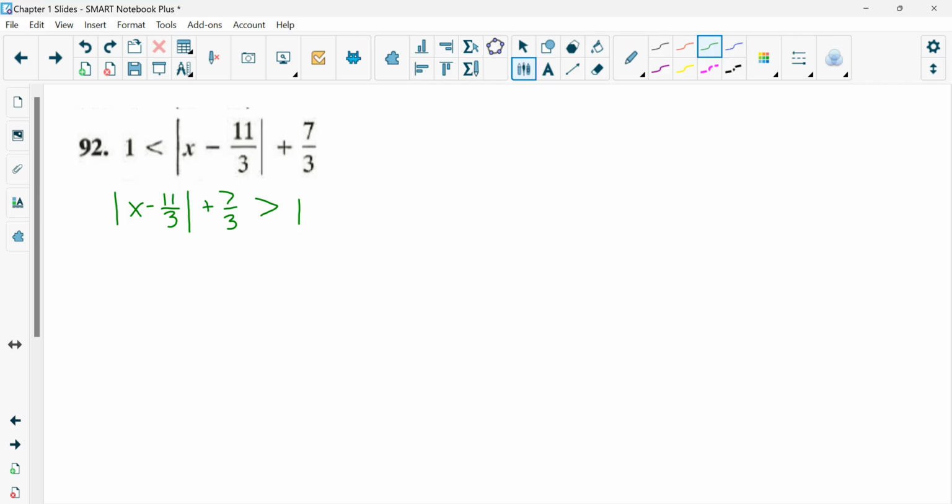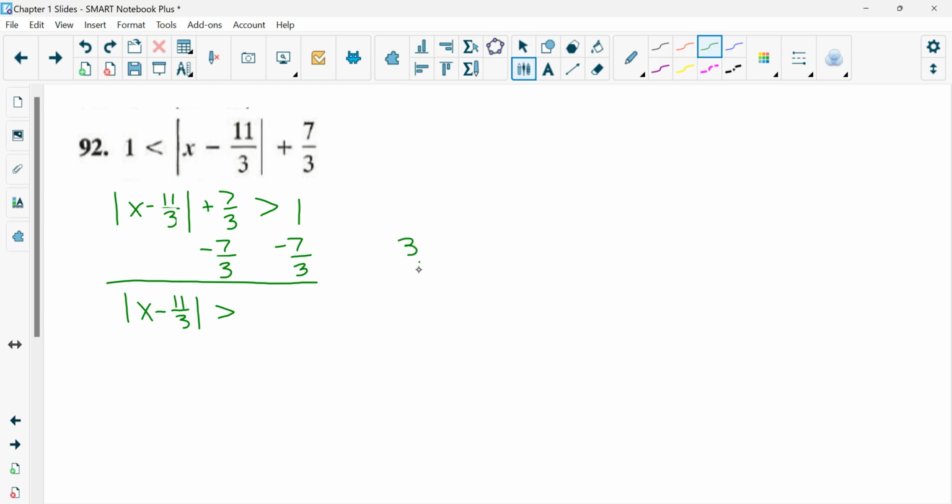Now I can start doing PEMDAS backwards, so I undo the addition of 7/3 with subtraction of 7/3. So I get the absolute value of x minus 11/3 is greater than. I need to think of this in terms of thirds. 1 is equal to 3/3.